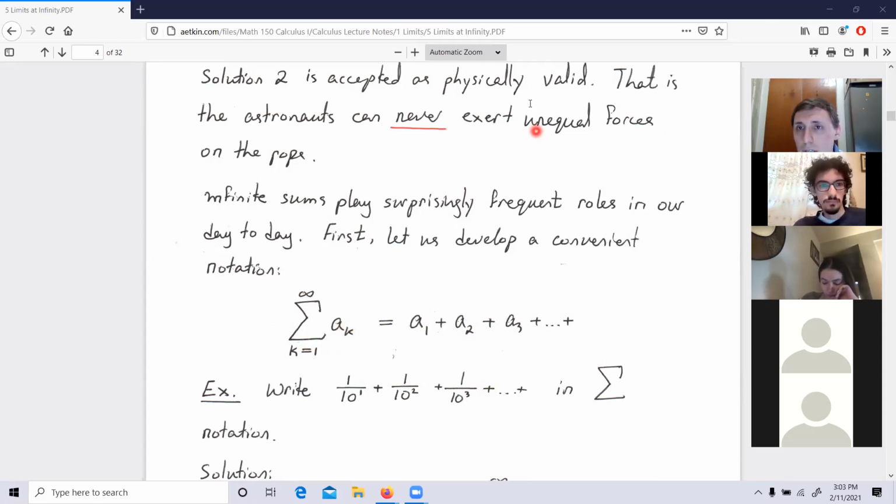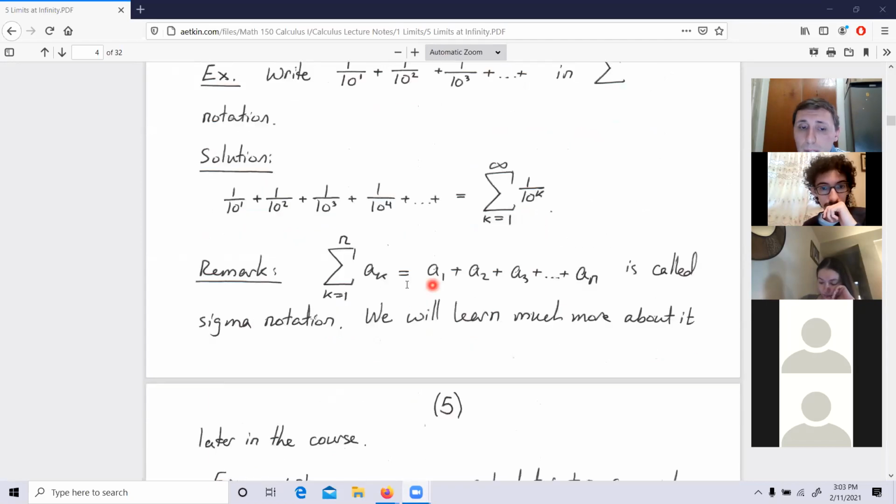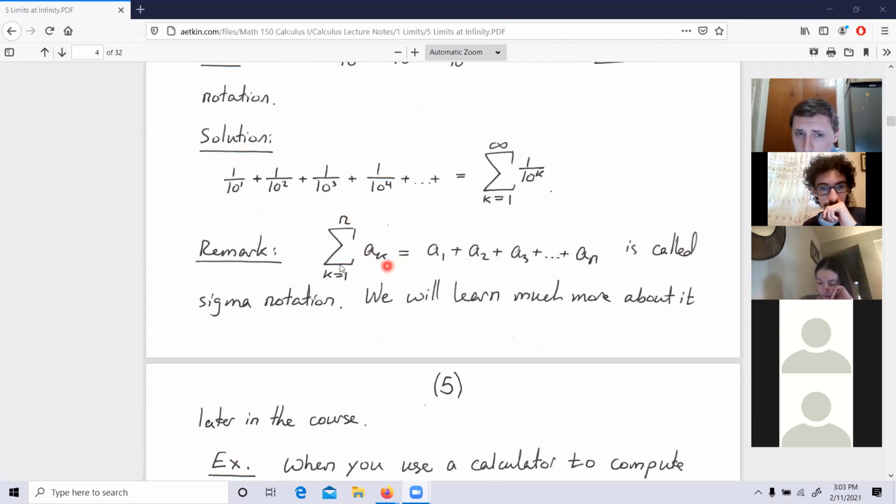So then in sigma notation, let's see who answered it. Yes, k begins from 1, then it goes to 2, etc. So in sigma notation, this can be written as 1 over 10 to the power of k. And yes, we're going to learn a lot about it later in the semester. Instead of writing it lengthily like this, you can just write the symbol, which means sum all the terms where this index goes from the first number all the way to this number. The index will update until it reaches n. So here the index is the power k, so it's the power of 10. Good.